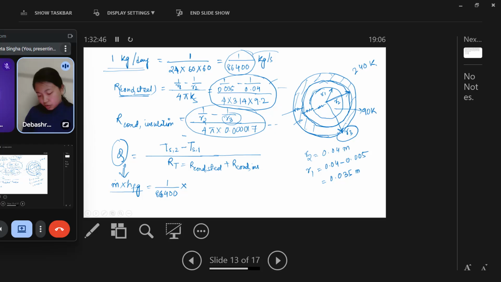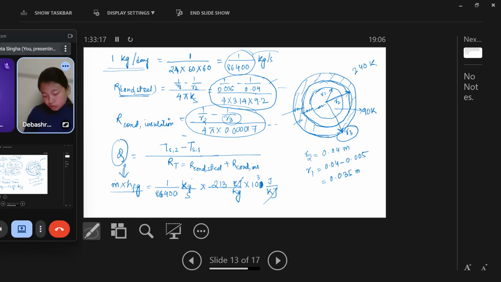This is kg per second into HFG, which is 213 kilojoule per kg. If you convert it into joule, you will get 10 to the power 3 joule per kg.